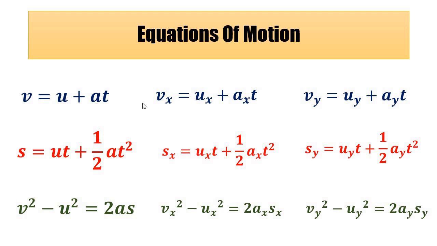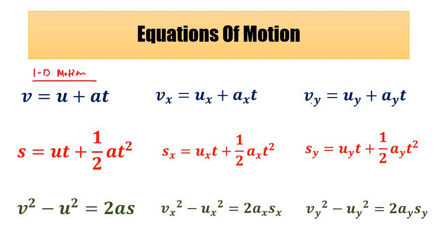So here you see I have written the same equations with x and y subscripts. Why? Because the earlier equations are applicable for one-dimensional motion, where motion is happening only along one axis.